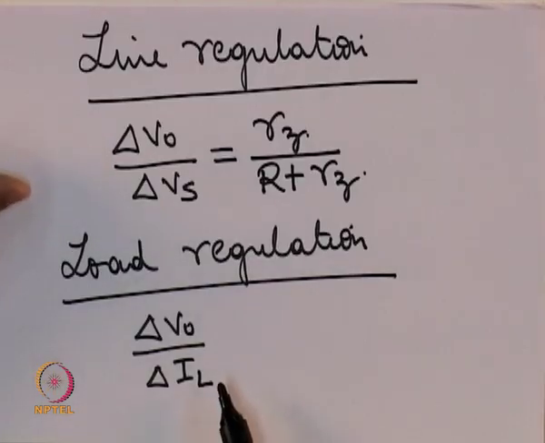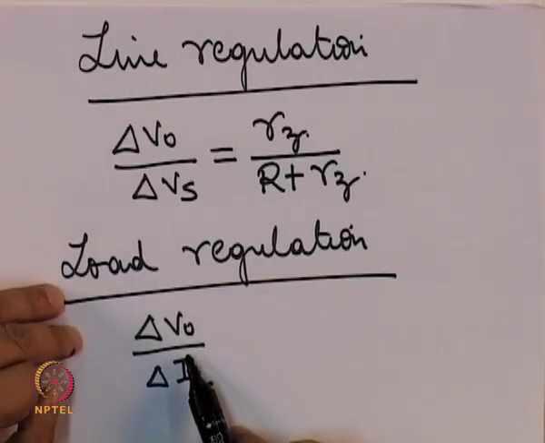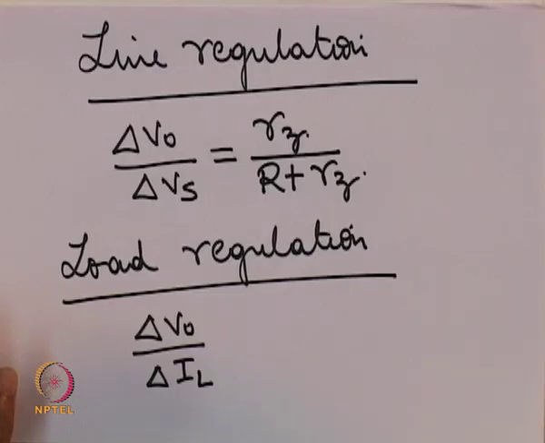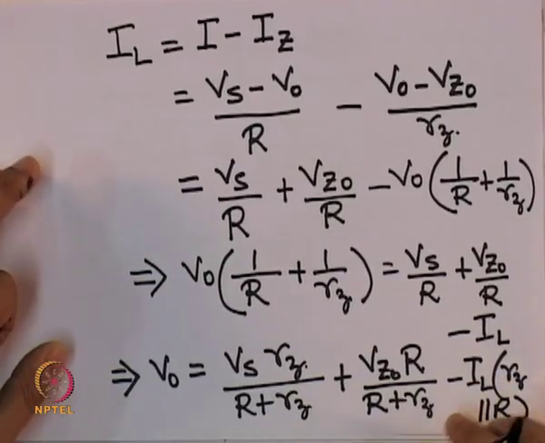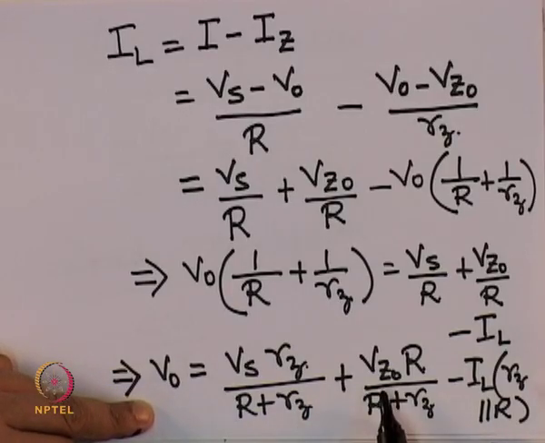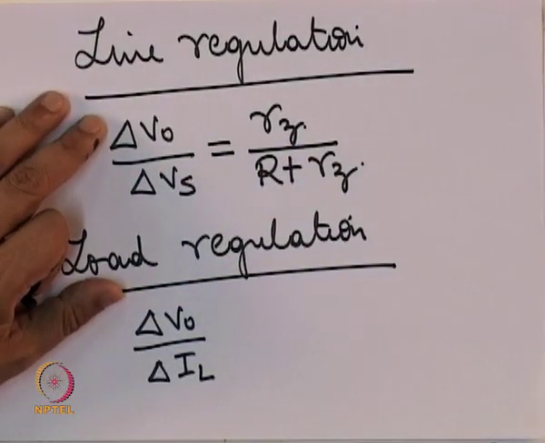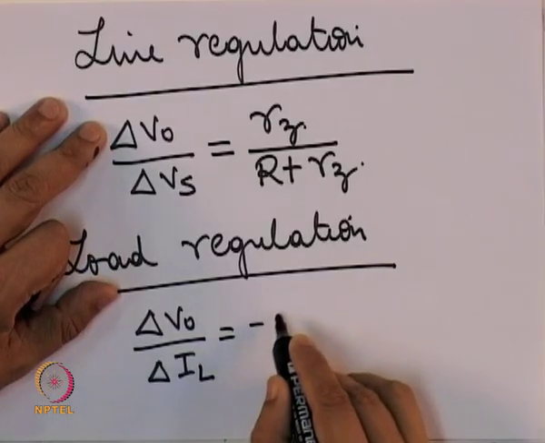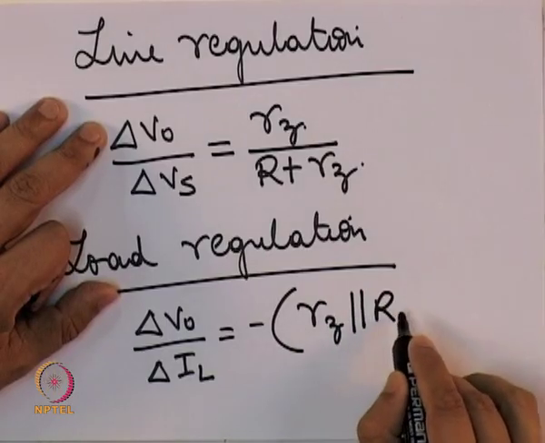Similarly, if we want to find delta V 0 upon delta I L, we go back to the equation for V 0 and differentiate both sides with respect to I L. Then this term and this term will not exist after differentiation, only this term will exist, and delta V 0 upon delta I L will be equal to minus R z parallel to R.